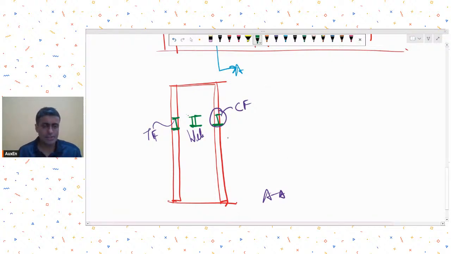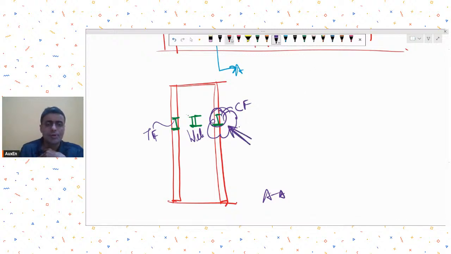So see, logic says that because you want to restrain or provide support to the compression flange, any element or member which you intend to provide effective lateral support should be as near as possible to the compression flange. Okay. Now sometimes that might not be possible.